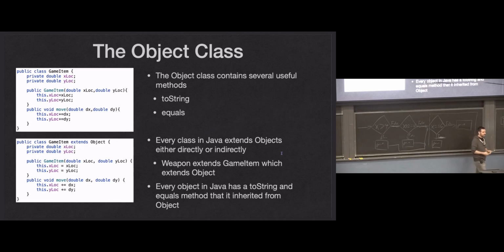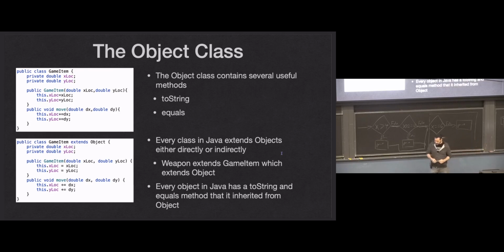That's why for absolutely every object in Java, we can say System.out.println on a reference to that object, and println will call the toString method of that object, which it's guaranteed to have because it's in the object class.